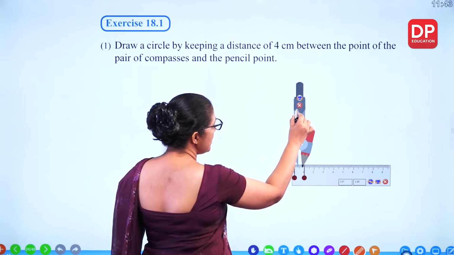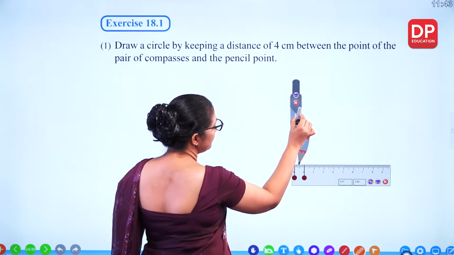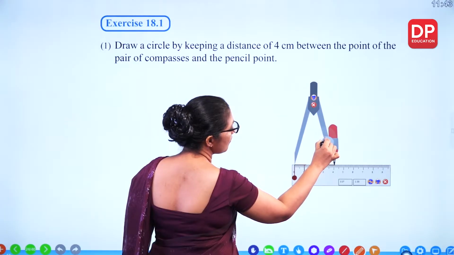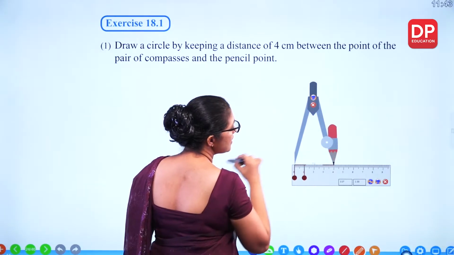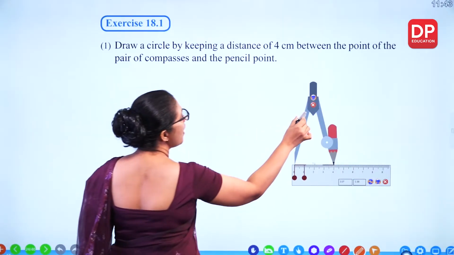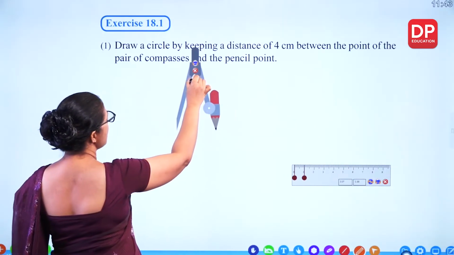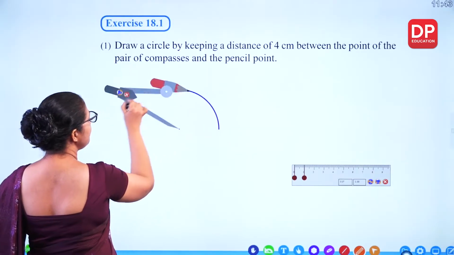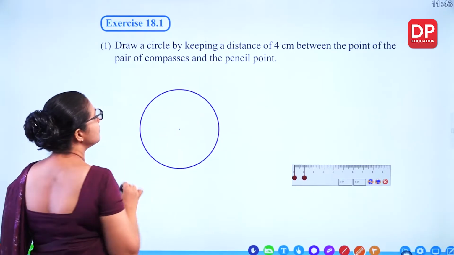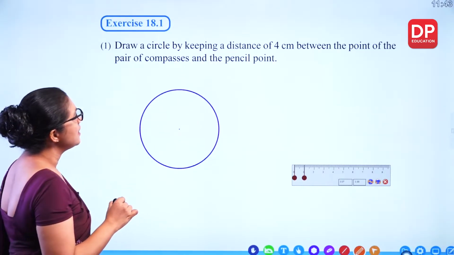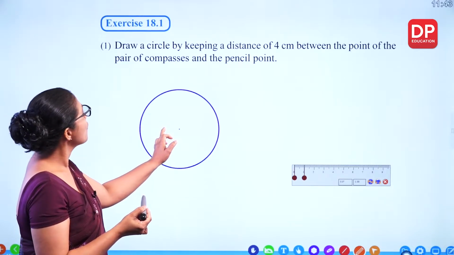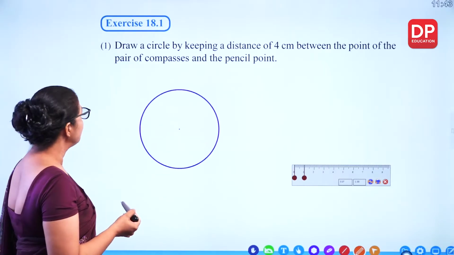Measure 4 centimeters. 4 centimeter length. So no need to mark the center, so just draw the circle. So 4 centimeter is the radius between the point of the pair of compass and the pencil.